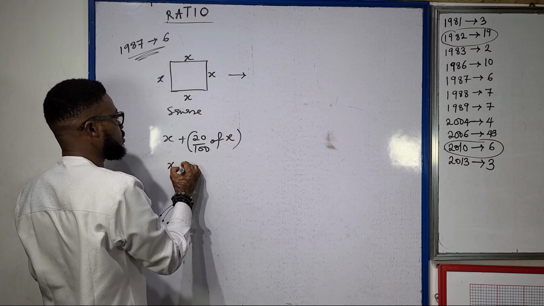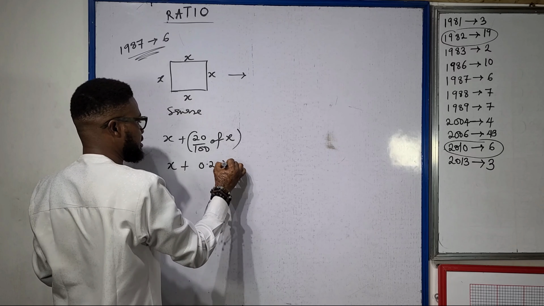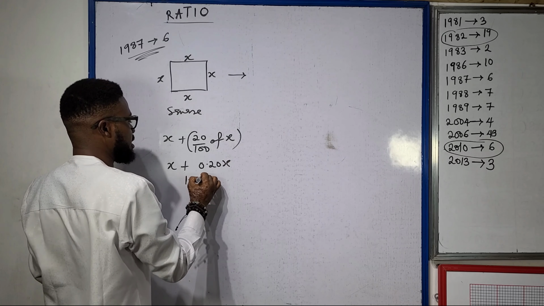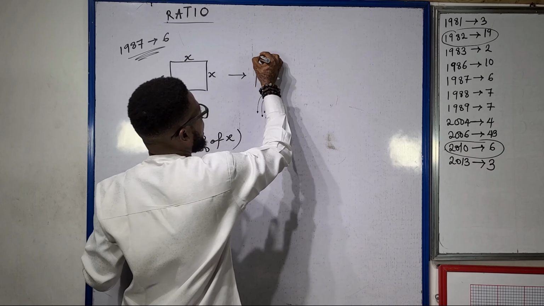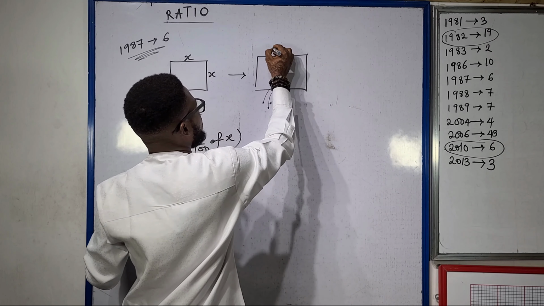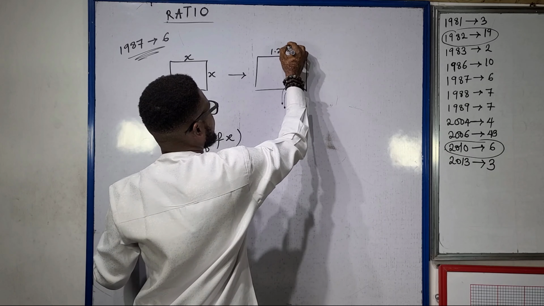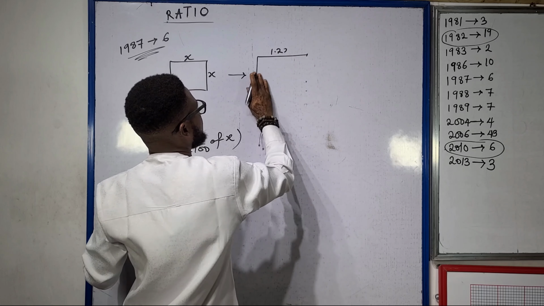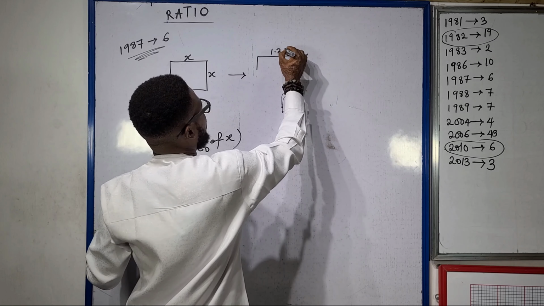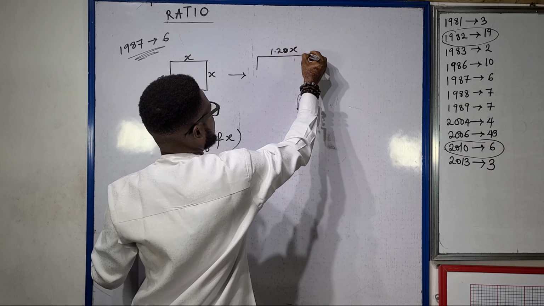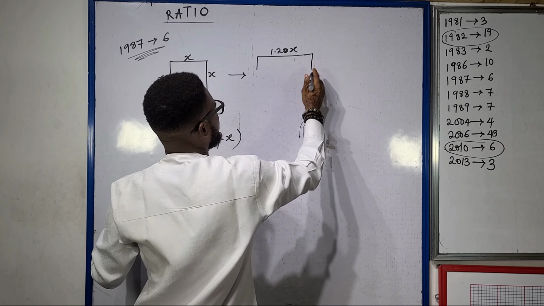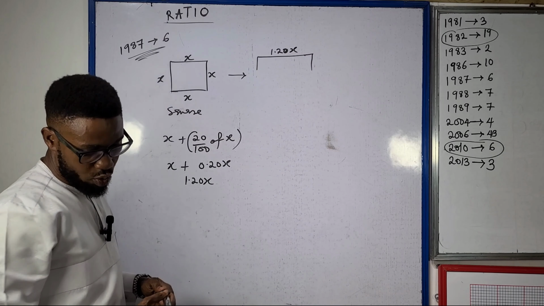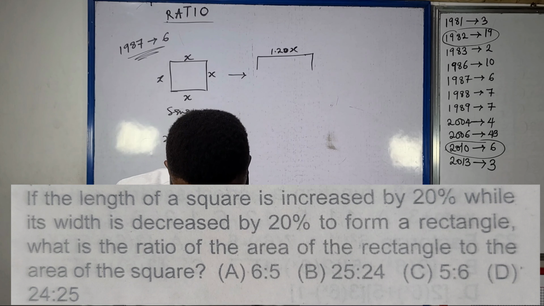So that's x plus 0.20x. So that's 1.20x. So the length looks like 1.20x for now.